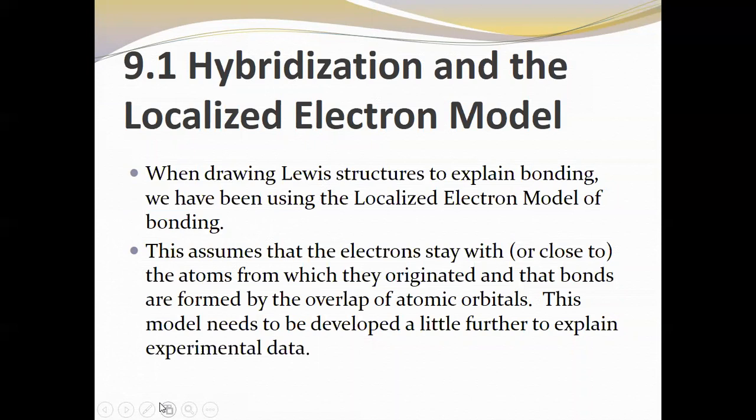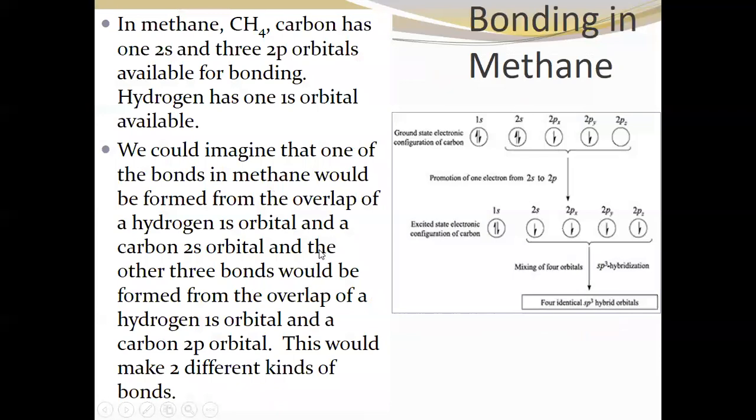So what this assumes is that the electrons stay with or close to the atoms from which they originated. That's where the bonds are formed, and they overlap of atomic orbitals. So because there's this overlap of atomic orbitals, this model needs to be developed a little bit further to explain experimental data.